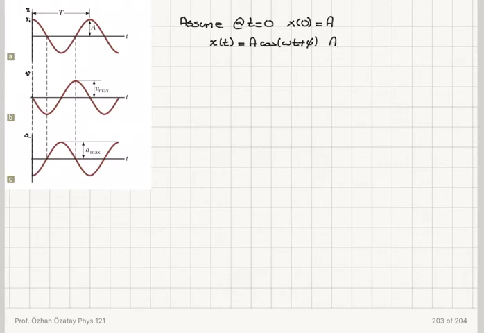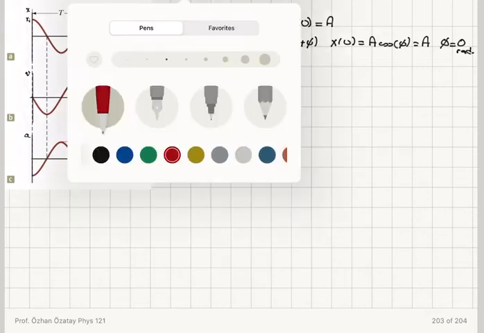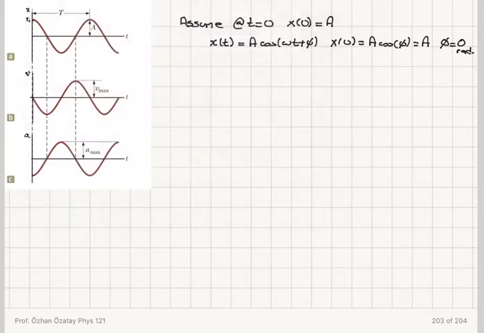So if I substitute this into my equation of the position, x of t is A cosine omega t plus phi, so x at 0 is A cosine phi, which is A. So how is that possible? That means the initial phase is 0 radians.